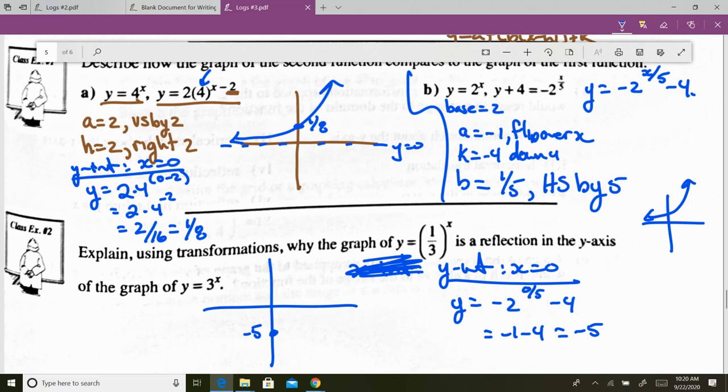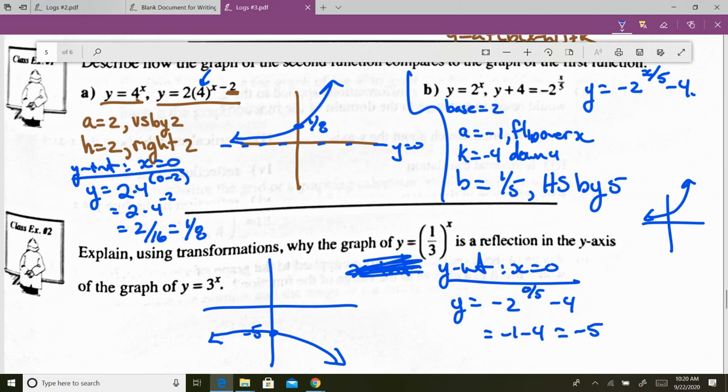If I took that negative away and just had 2 to the power blah, blah, blah, that's going to be a growth. The negative causes it to go like that, right? So then it's going like that. Does that make sense? Okay, and we know it has to go through -5. So it's going to go like that. So now you've got the growth decay part, you've got the y-intercept part.